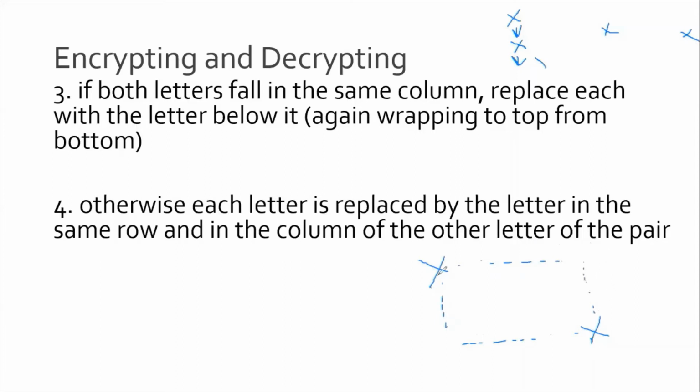We will check the small grid here, and we will replace each letter with the letter where both letters intersect. For example, here we have A and here we have C. So we will write A instead of X, and for this X we will write C. So this small grid matrix will tell us what the cipher text is.